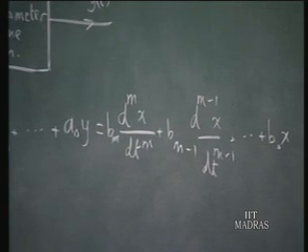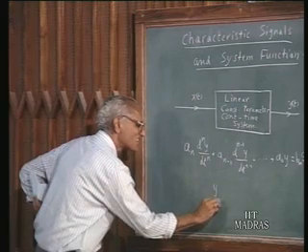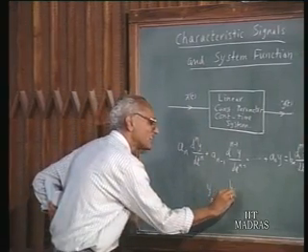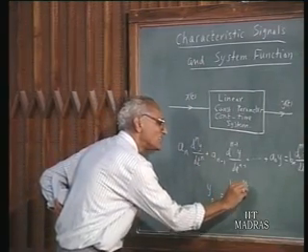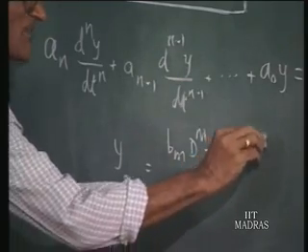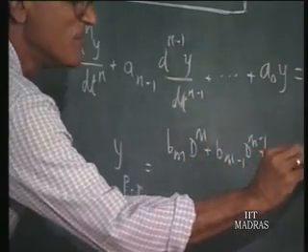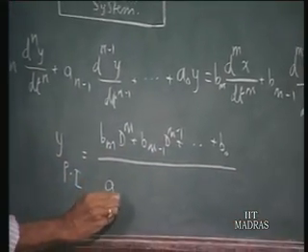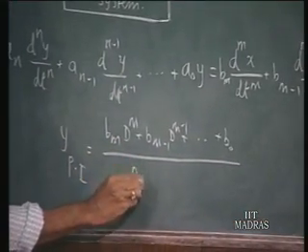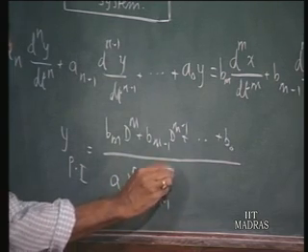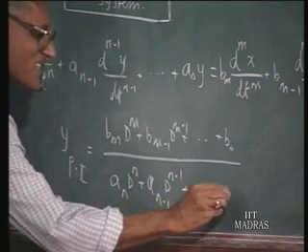Now the particular integral solution of this is given by the operator (b_m D^m plus b_(m-1) D^(m-1) down the line to b_0) divided by (a_n D^n plus a_(n-1) D^(n-1), so on, plus a_0).